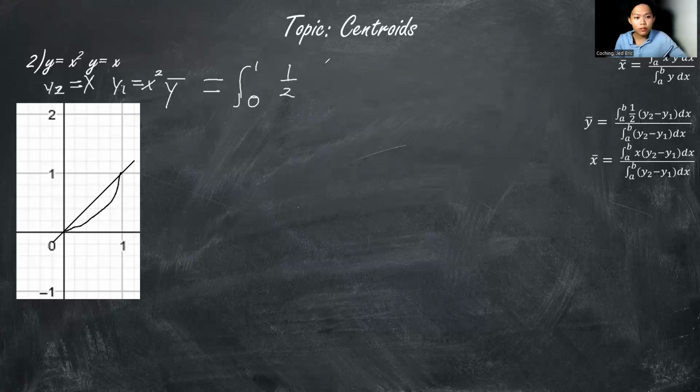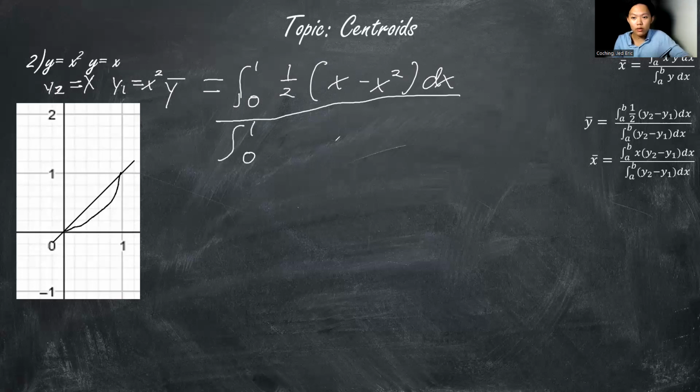So that's going to become (x minus x squared) dx, divided by the integral from 0 to 1 of (x minus x squared) dx.